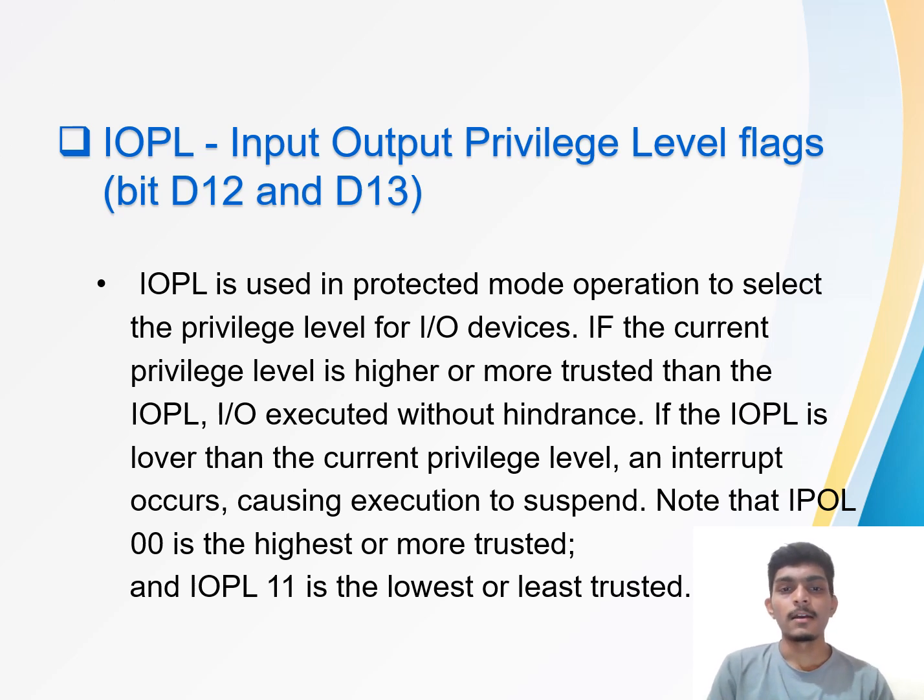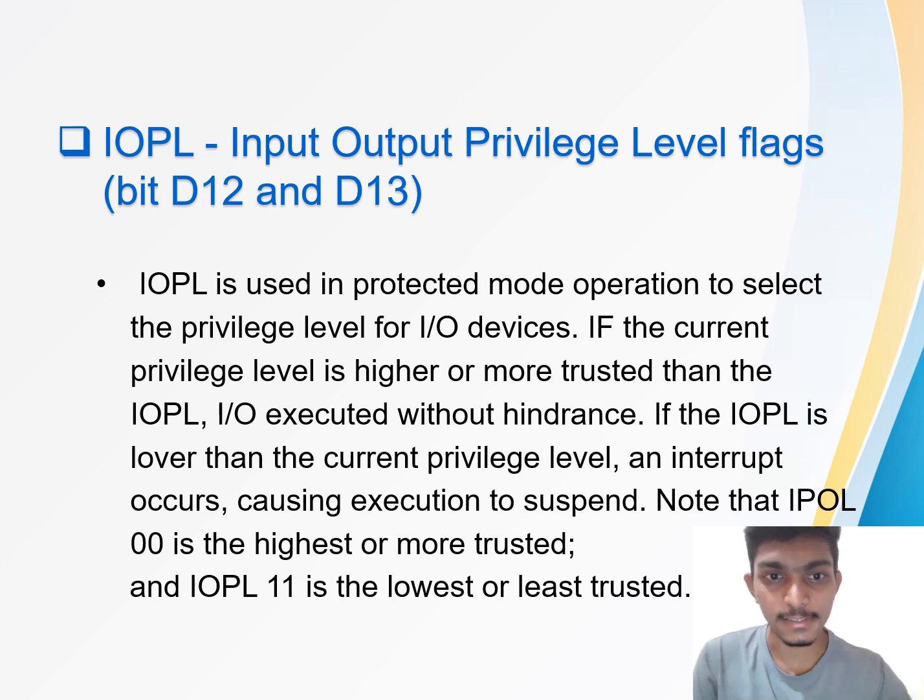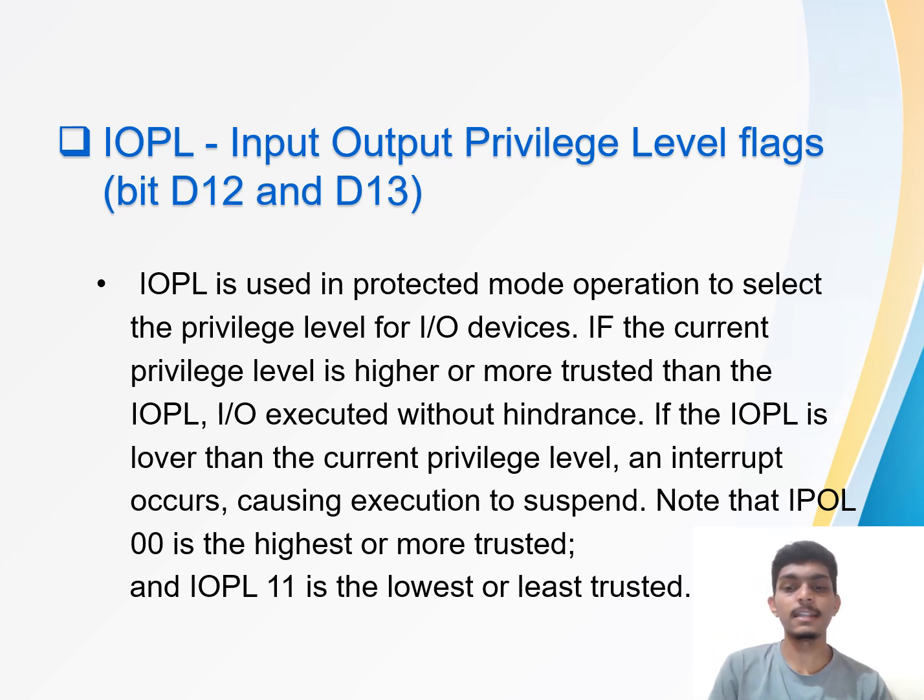IOPL. As we can see in the previous diagram, one is IOPL, input output privilege level flags, bits D12 and D13. IOPL is used in protected mode operation to select the privilege level for input output devices. If the current privilege level is higher or more trusted than the IOPL, input output executes without hindrance.